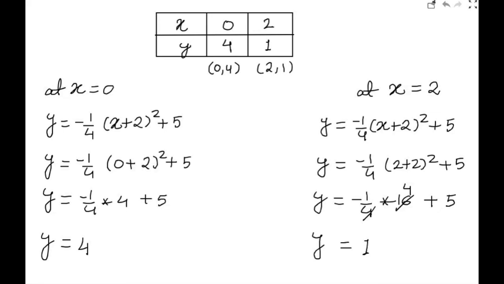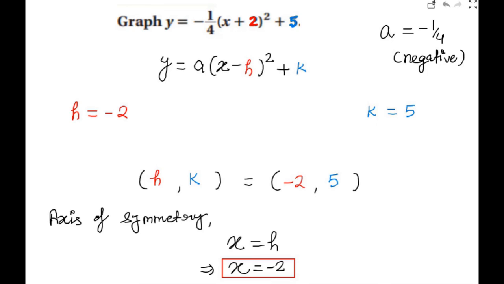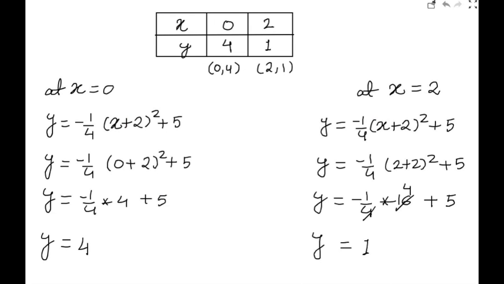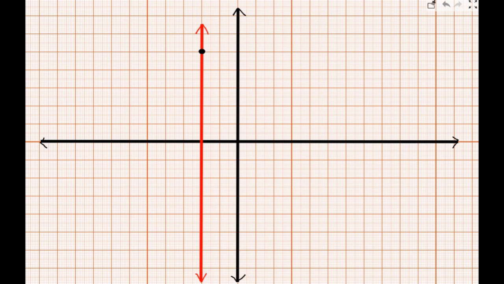Now we have a few more additional points. So we have (0, 4). So (0, 4) is somewhere here. Okay. Similarly, we have another point which is (2, 1).